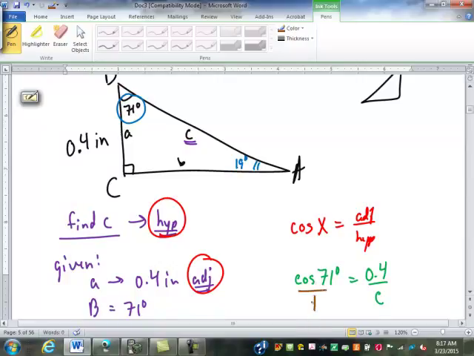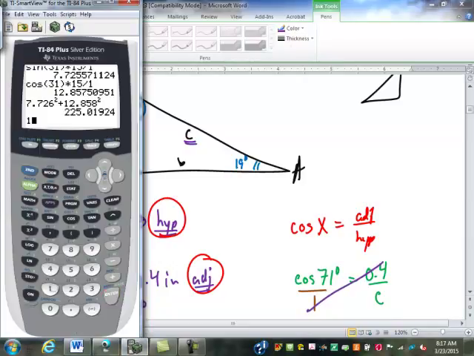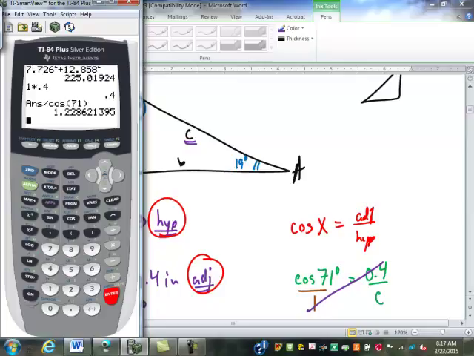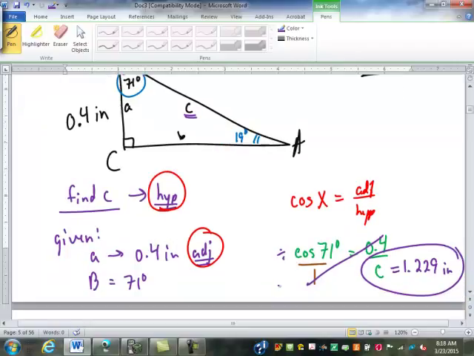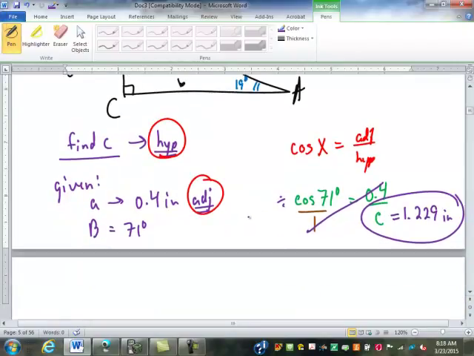I'm going to cross multiply 1 times 0.4, which of course is 0.4, and then I'm going to divide by the cosine of 71. That gives me 1.229.